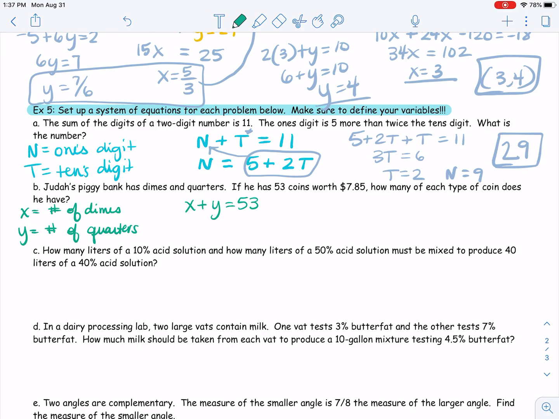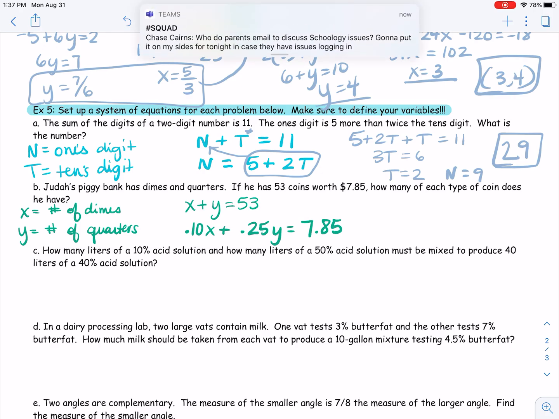Well, for every dime I'm getting 10 cents, and for every quarter I'm getting 25 cents, then 10 cents times every dime plus 25 cents for every quarter is going to give me that $7.85. So there are my two equations with my two variables. And so all I need to do now is solve.